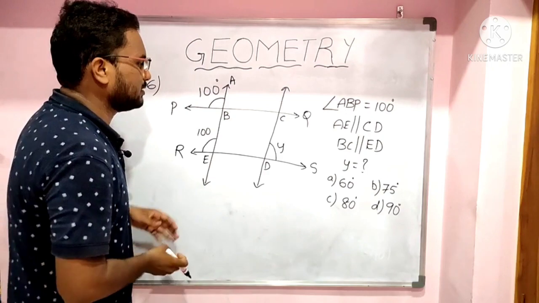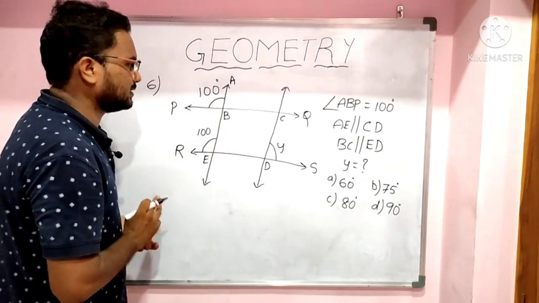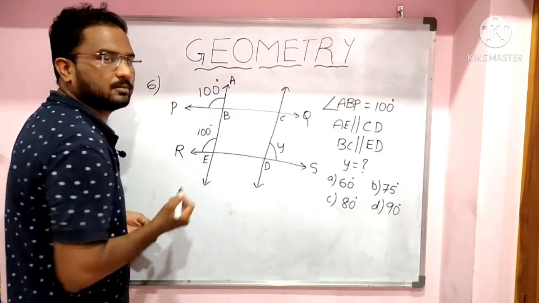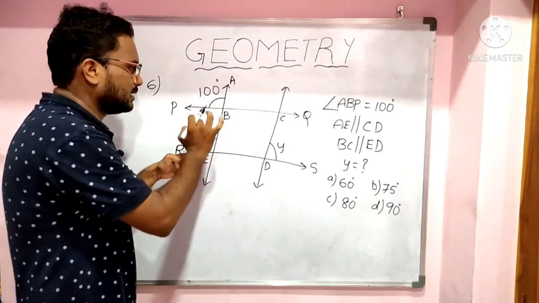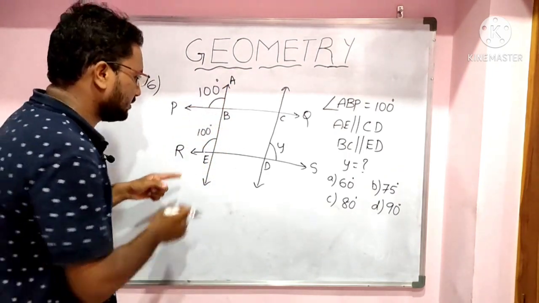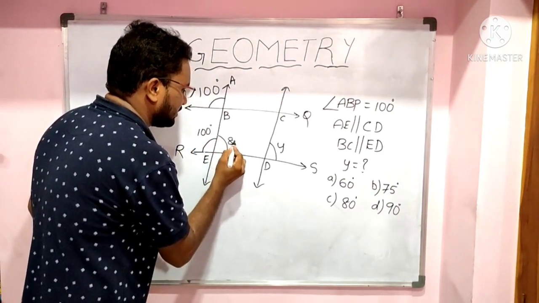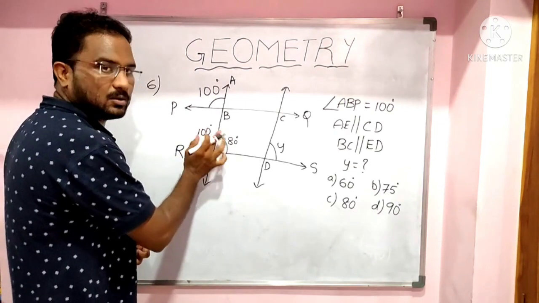First of all, if this is 100, then this should be 100, because these two lines are parallel and this is the transversal. These two are corresponding angles. If this is 100, then this will be 80 degrees because it is a straight angle, so the total angle is 180 degrees.